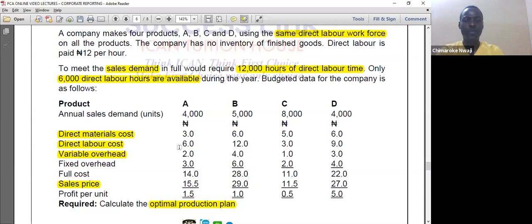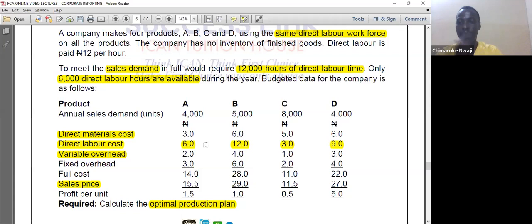Now, what we are given here is labor costs. So if you look at everything here, it's in naira. These labor costs here are in naira. So don't go and use this. What we need is labor hours.